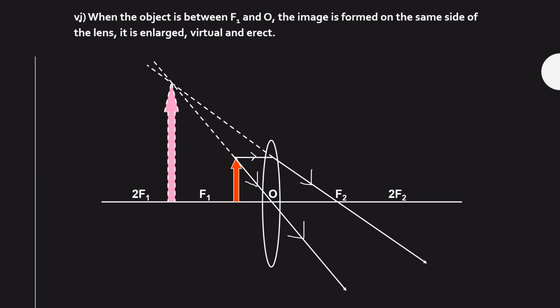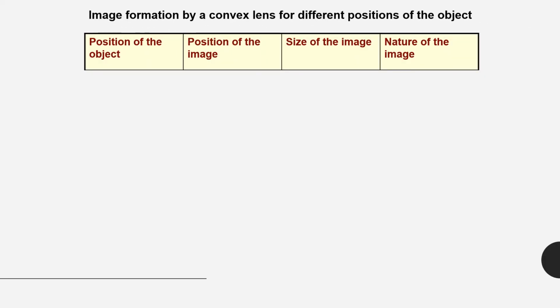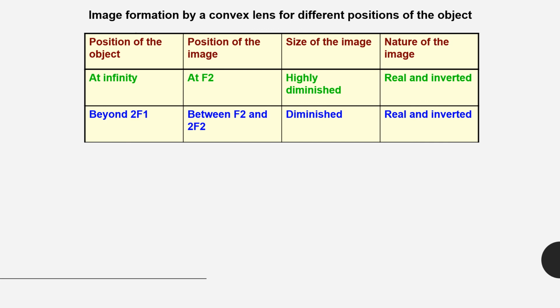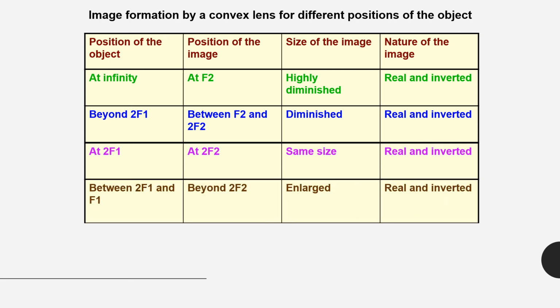Let us consolidate this and look at the consolidated image formation by a convex lens. When the object is at infinity, image is formed at f2, highly diminished, real and inverted. When the object is beyond 2f1, image is between f2 and 2f2, diminished, real and inverted. When it is at 2f1, the image is at 2f2, same size, real and inverted.